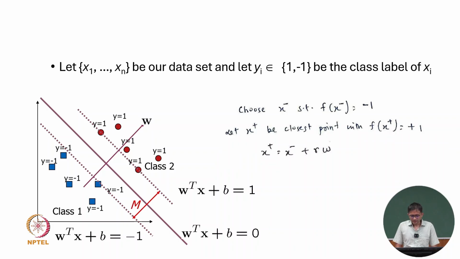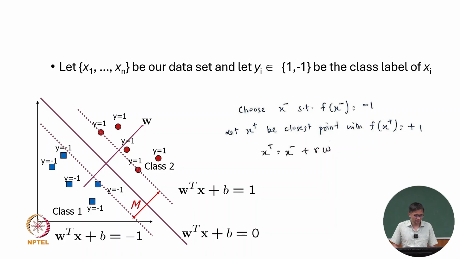Now, let's say we choose some x minus such that f(x minus) is equal to -1, and let's say we have some x plus be the closest point to x minus with f(x plus) is equal to +1.